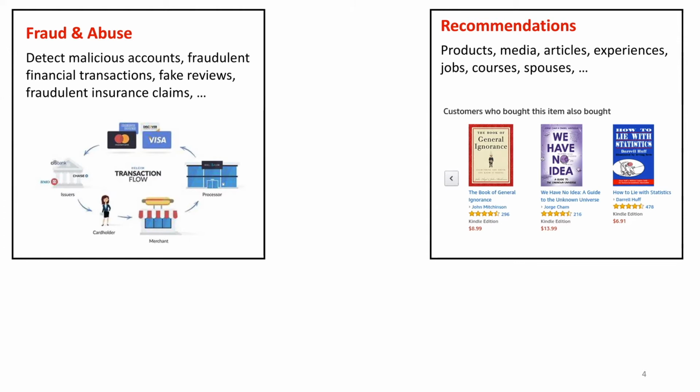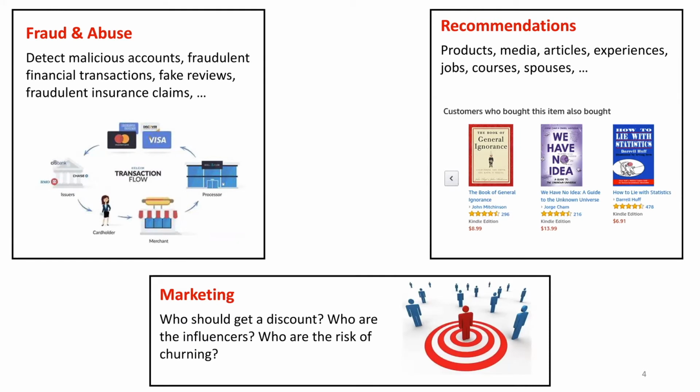The goal is to recommend products, media, articles, experiences, jobs, and so on to individuals. And the third application is that of marketing. What we want to do here is figure out to whom I should offer a discount, and how to identify who the influencers are, so that I can market to them directly. Another one may be identifying which of my customers are most at risk of churning, so I can take some proactive actions to prevent them from doing so.